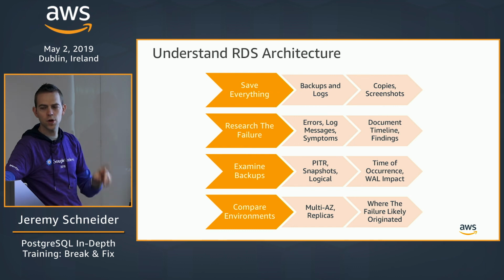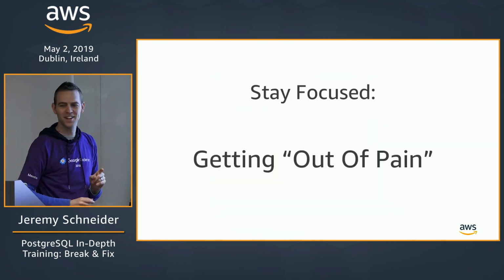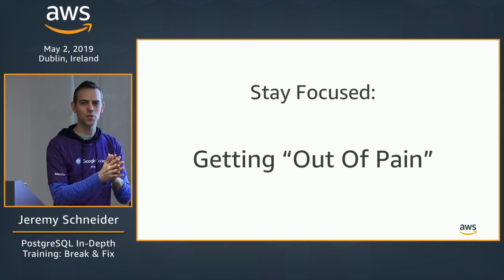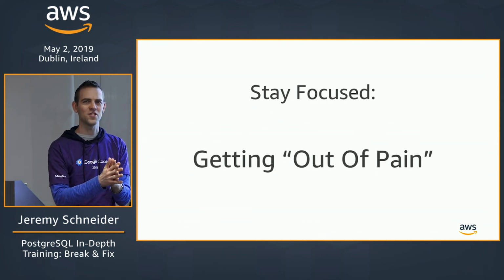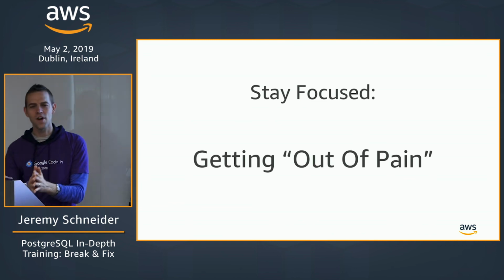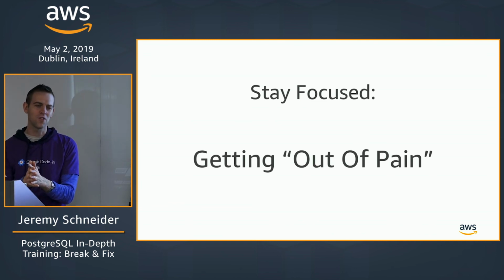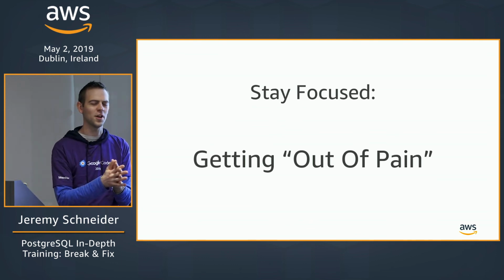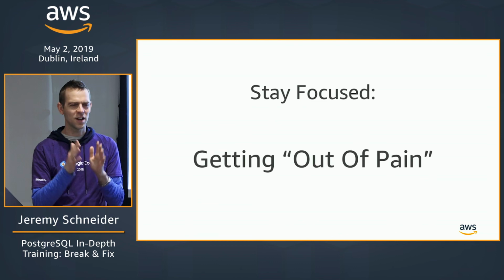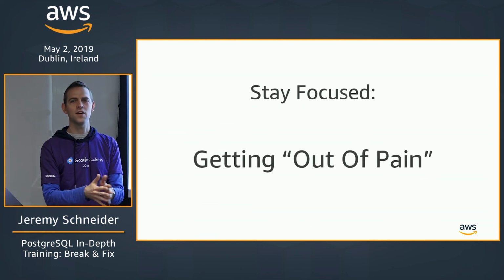But just as one final reminder, because I'll say this again and again: you've got to stay focused when you're in these situations. Step one is get out of pain. I've sat with operators, even in the service team, and we have to remind each other, I know your brain is racing and you're thinking about where's the bug, but step one, just get out of pain first.